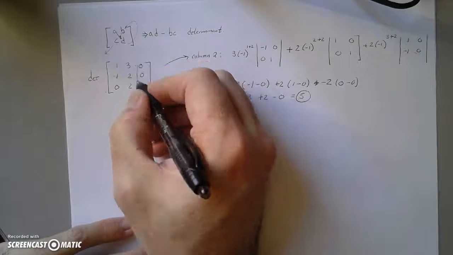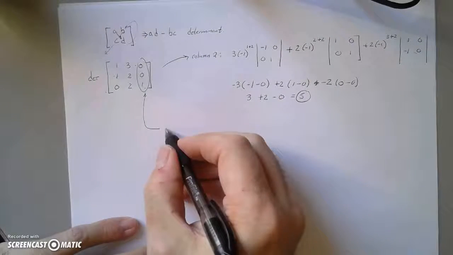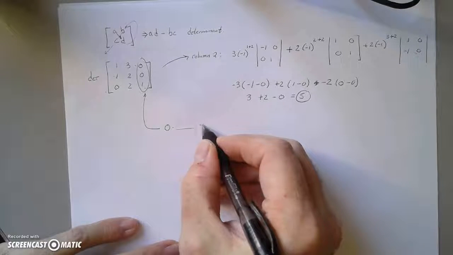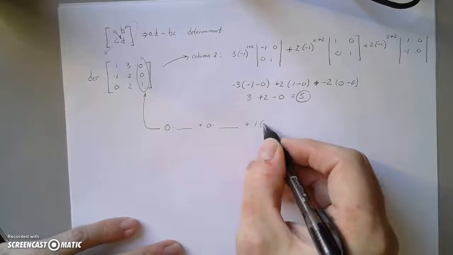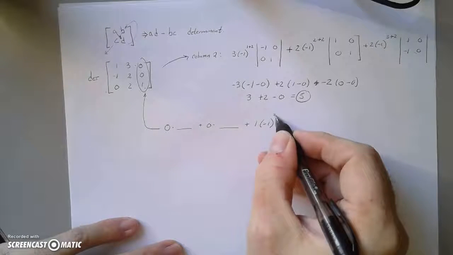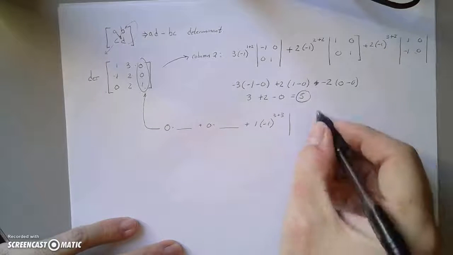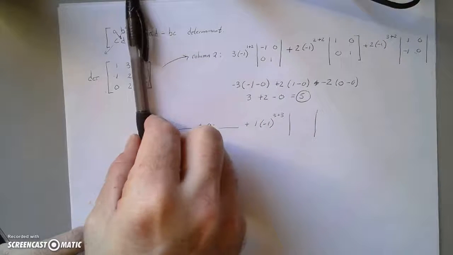Let's do it an easier way using this third column. Then we'd have 0 times stuff, plus 0 times stuff, plus 1, its address is third row, third column, times the 2 by 2 matrix that we get by blocking off the third row, third column.